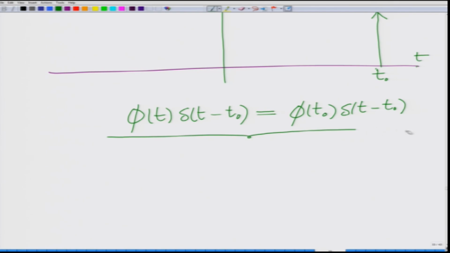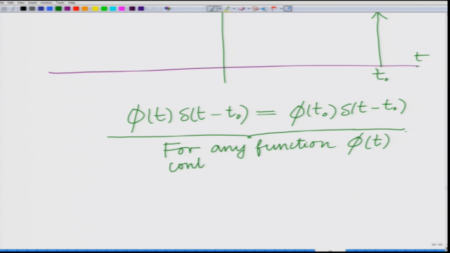I have to qualify this statement: this is for any function phi of t continuous at t equal to t naught.